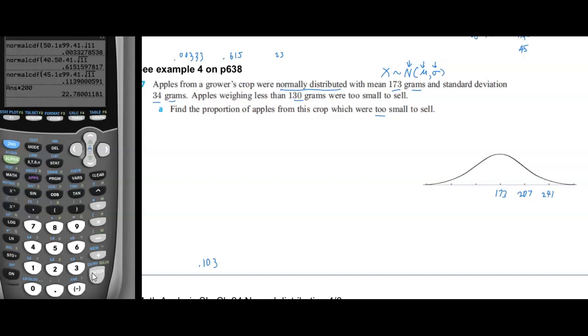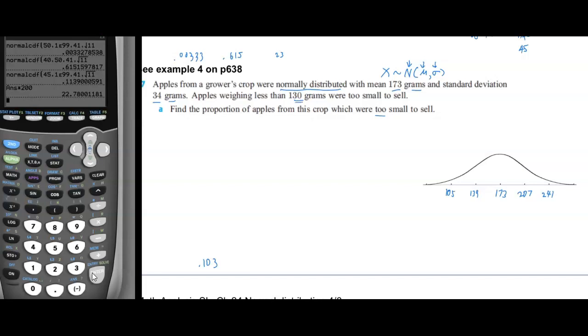And if I subtract 34 from 173, it would be 139. And if I subtract 34 again, then it would be 105, something like that, okay?